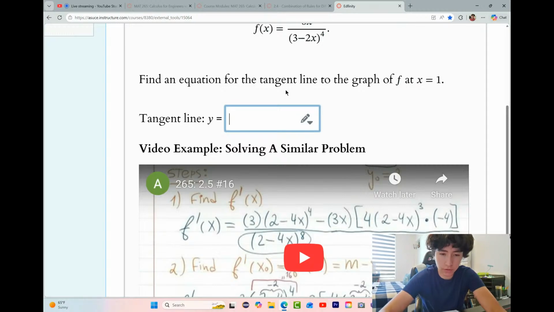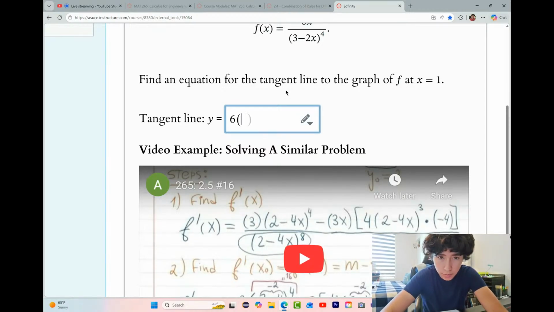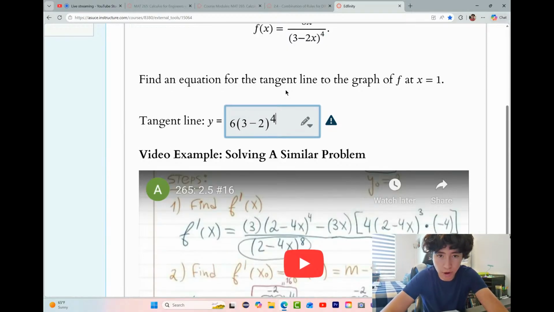So we have 6 minus 6x over 3 minus 2x to the power of 4, right? We just replace the 48 with 3 minus 2x to the power of 3.